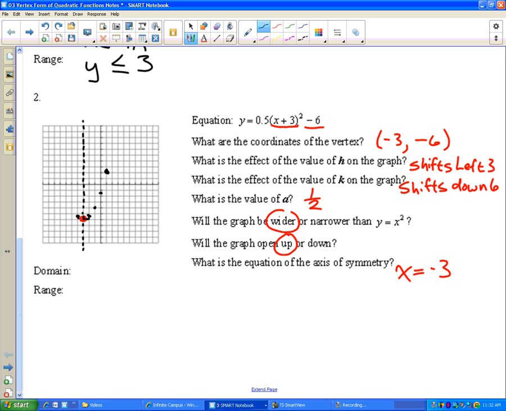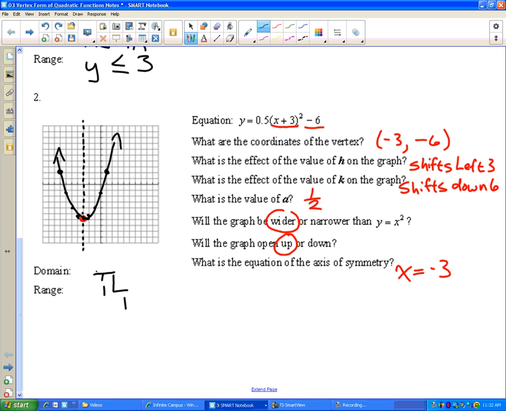Out 1, up 3 halves. Out 1, up 5 halves. Out 1, up 7 halves. And again, it's a mirror on both sides. If I draw my parabola, this is the shape that I get. Again, the order is out 1, up 1.